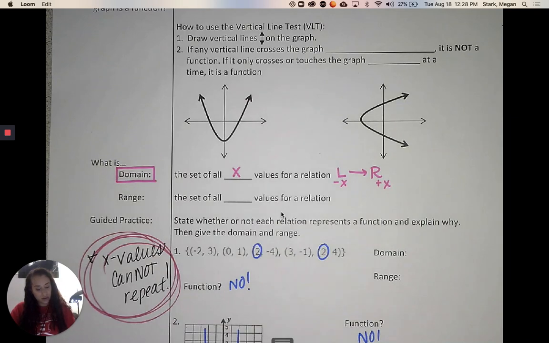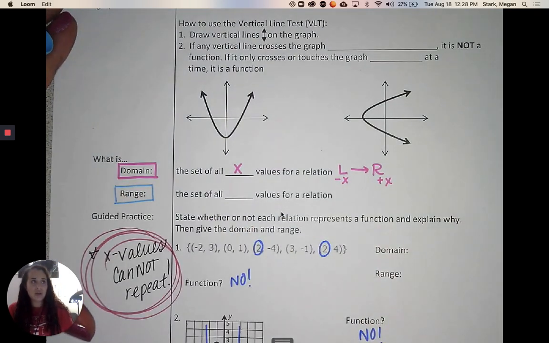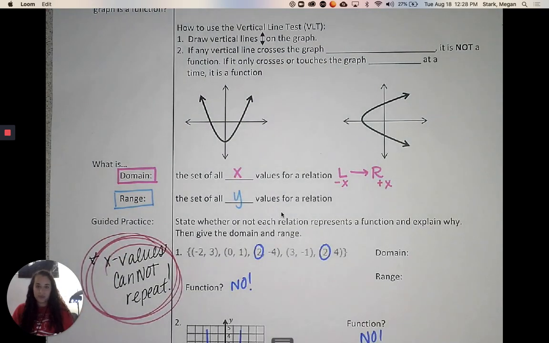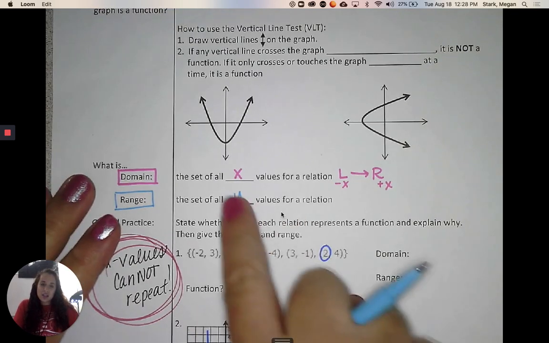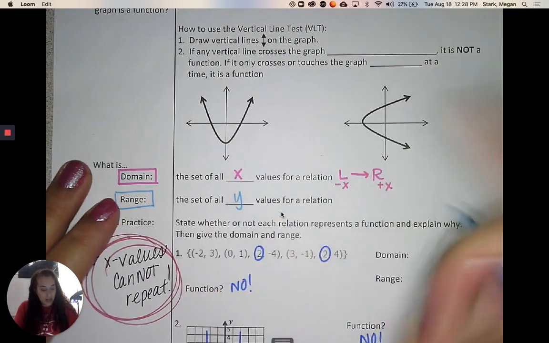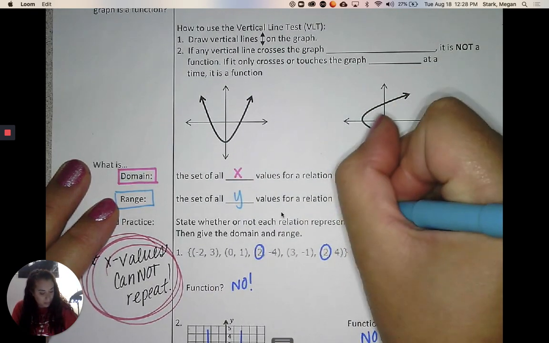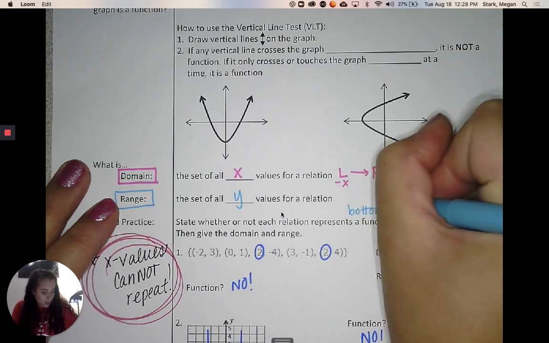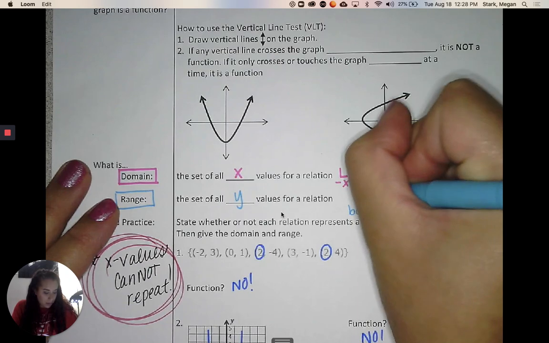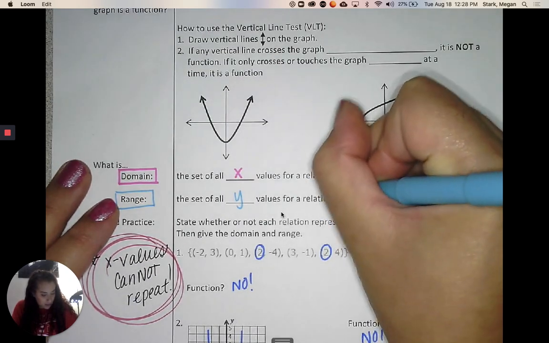Range, well, if domain is all of our x values, range is all of our y values. So just like x goes from left to right, for range, our y values go from bottom, or our low values, to top, which is our high values.